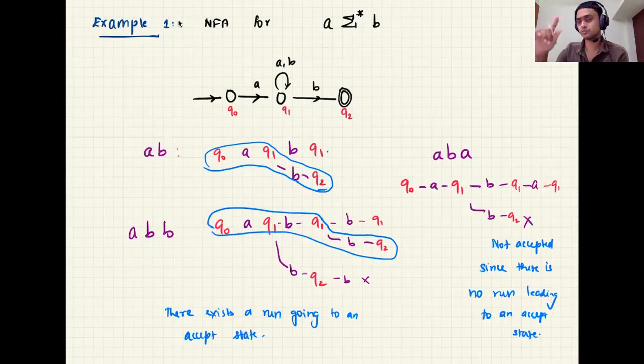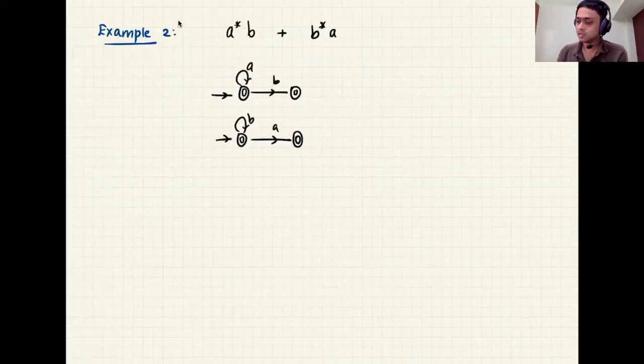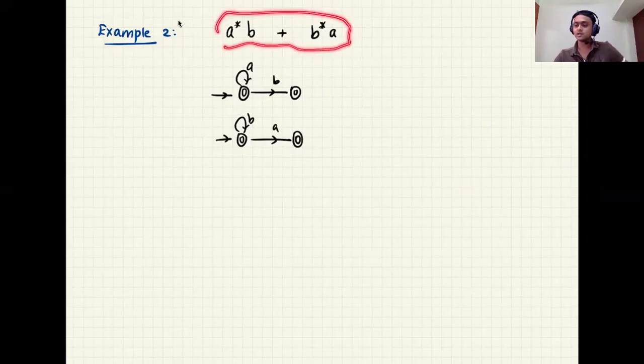Just ping me on the chat if you have any questions. So here is a second example. This is something which I said is not easy to draw as a DFA directly. If I just had A star B, you just keep reading A's, and when you see a B, you go here.